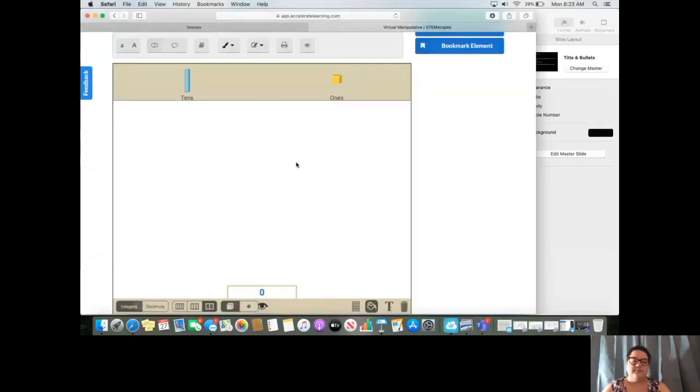I'm going to draw the area model, but I want to start off by creating a digital area model. So this is on STEMscopes.